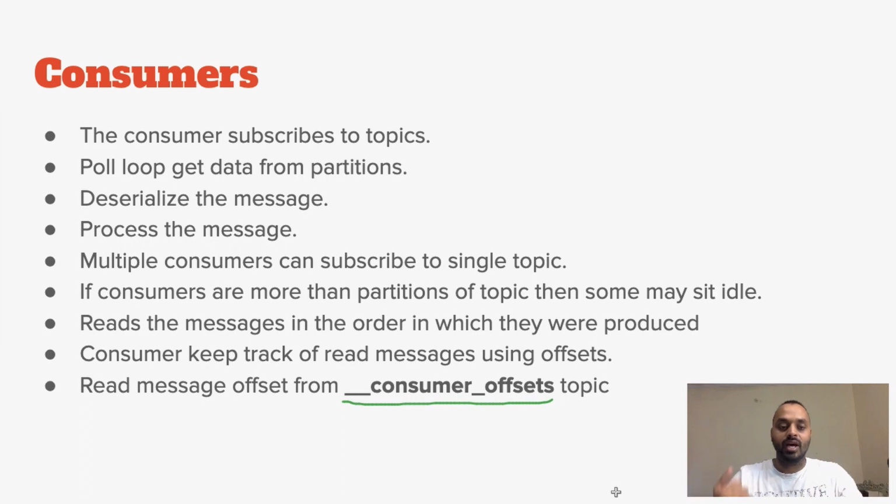Whenever a consumer reads from Kafka, it stores its offset, meaning up to this offset I have read, inside this topic. Whenever it dies and comes back up, it pulls the data from the consumer offsets topic, checks up to which offset it has read, and starts reading from that offset.